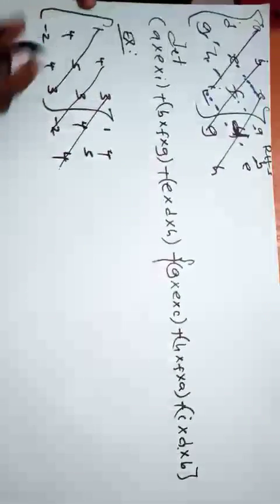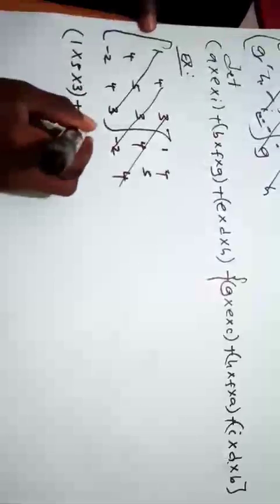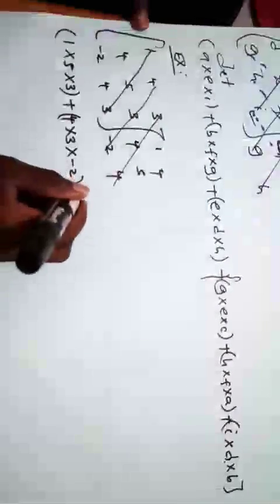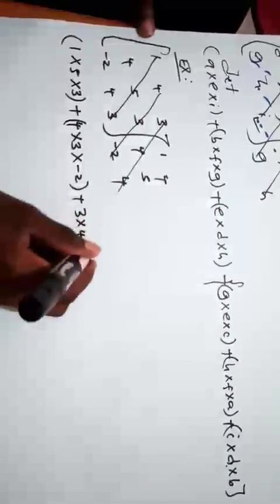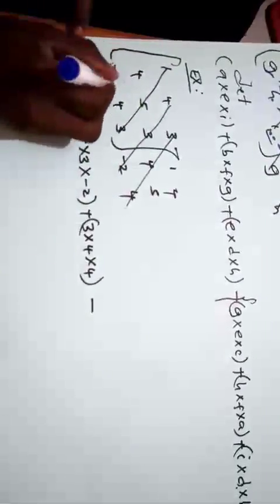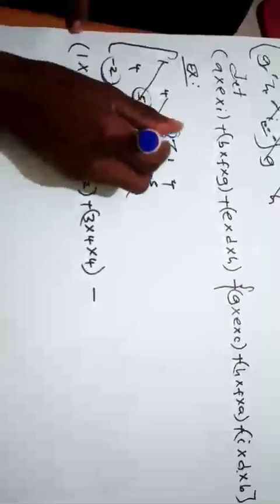So what we do with them, we're going to have 1 multiply 5 multiply 3. Because we are looking for the determinant, then we have 4 multiply 3 multiply negative 2. Then we have plus 3 multiply 4 multiply 4. Then what we are subtracting are now these. For the first case, we are talking about this one, and this one. Then for the second case, we will have that.